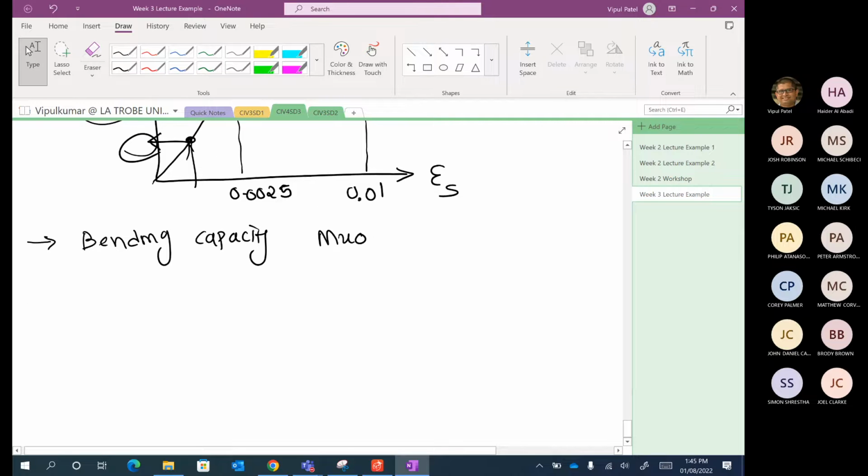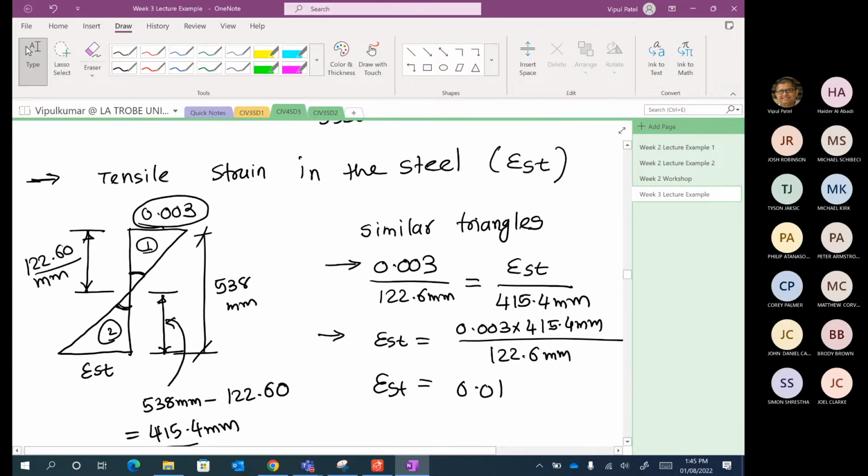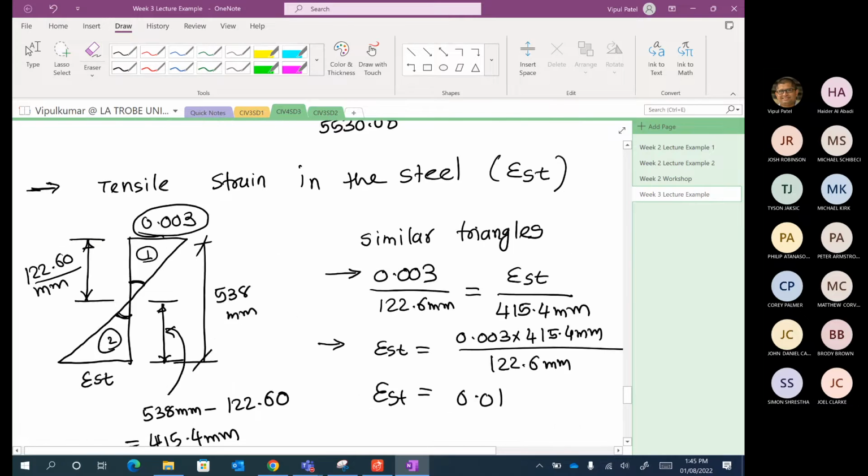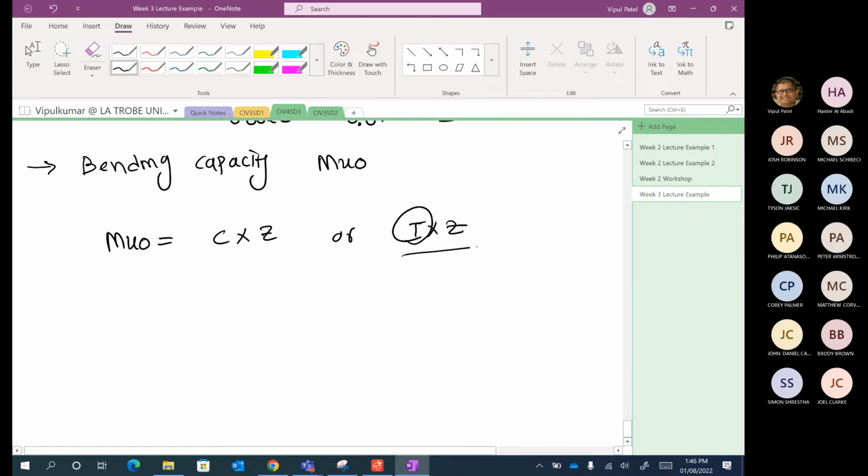Mu0, the bending capacity, would be C times lever arm z, or T times lever arm z. I think T we already calculated somewhere, so we can use that one. Yep, here you go, 678,000 Newtons. So we can use this equation: T times z, where T is 678,000 Newtons.